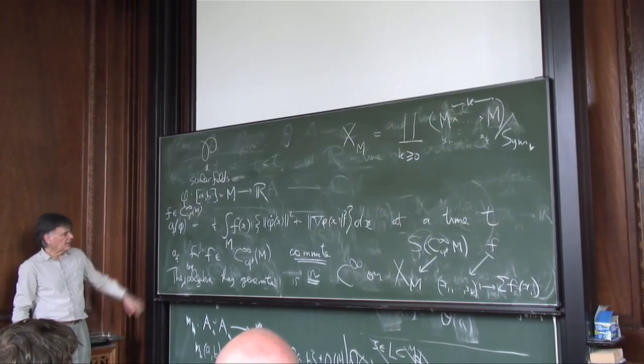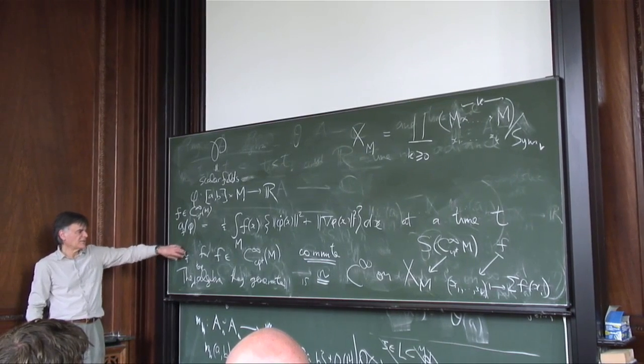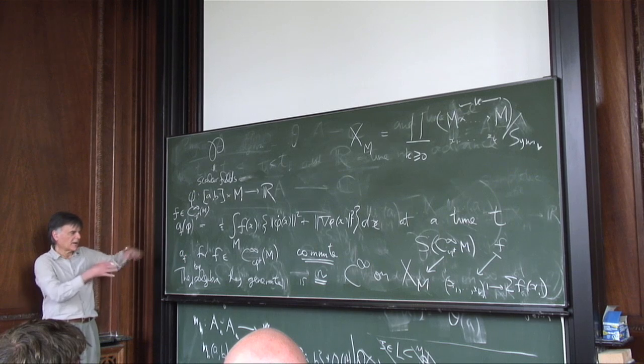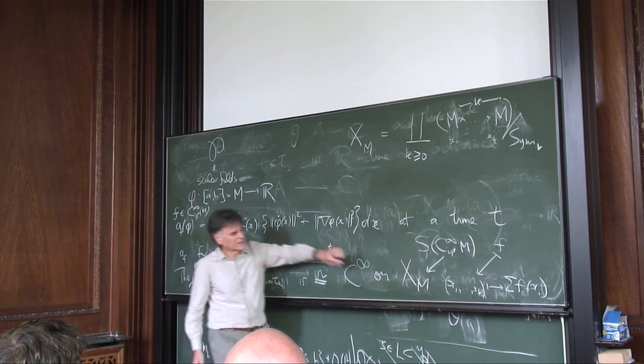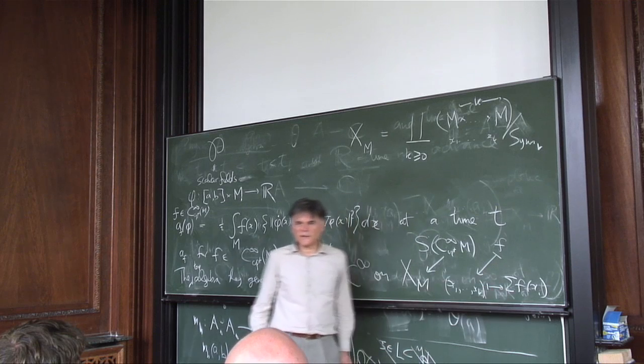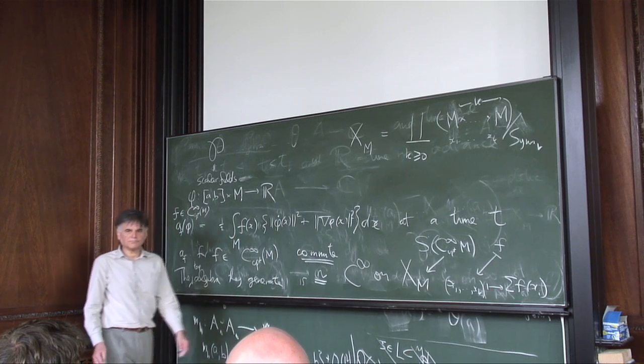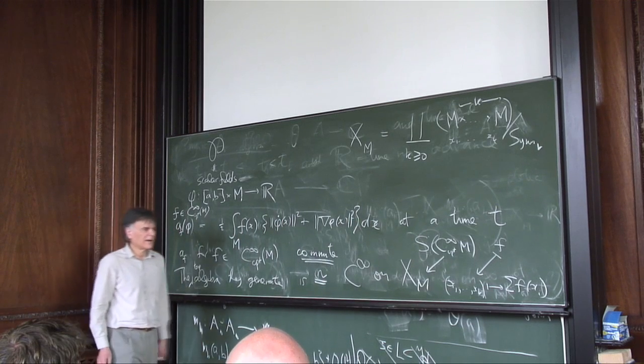Their existence will say that instead of this just describing some smeared out distribution of energy over the manifold, it will describe a discrete collection of a finite number of particles. I'll say more about that later.